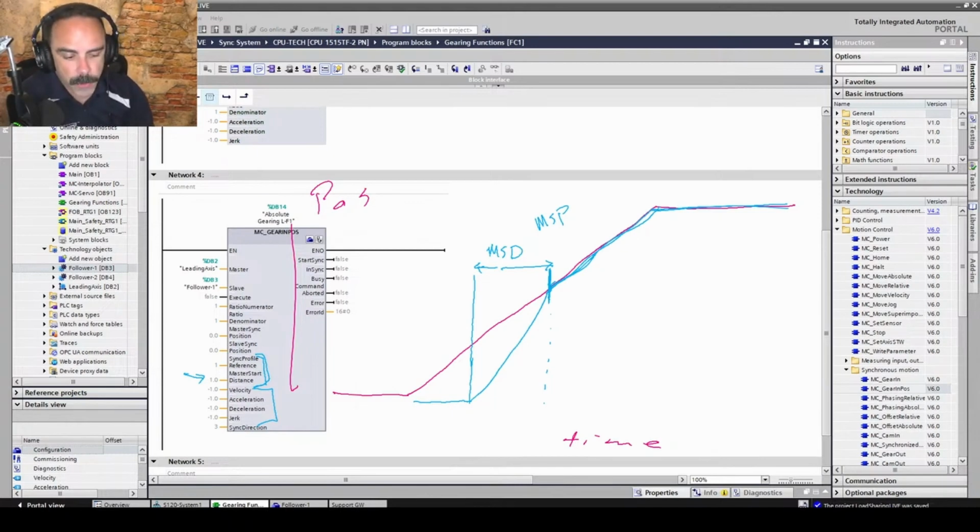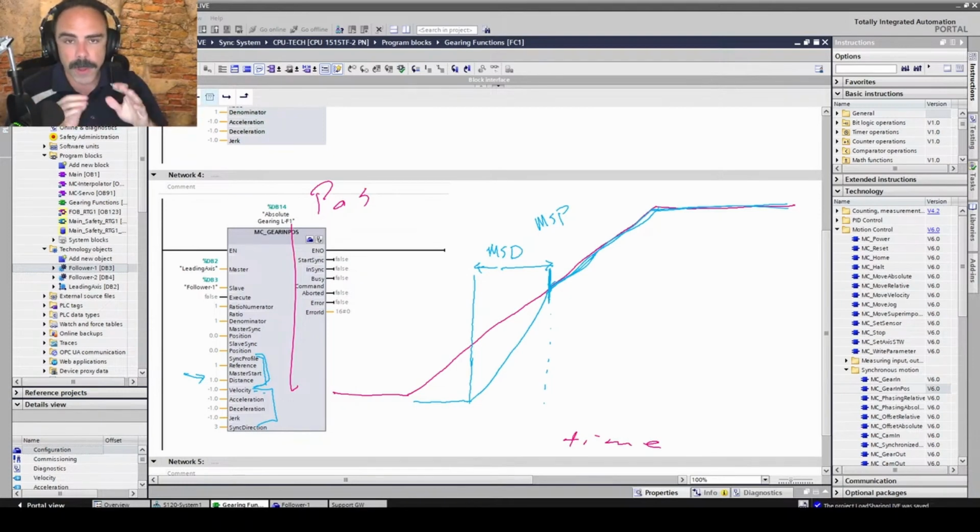And it is restricted again by how fast these values are. You might say, I want to just sync up really fast. Well, you might not have the available acceleration, or your jerk might be limiting the overall time to accelerate.